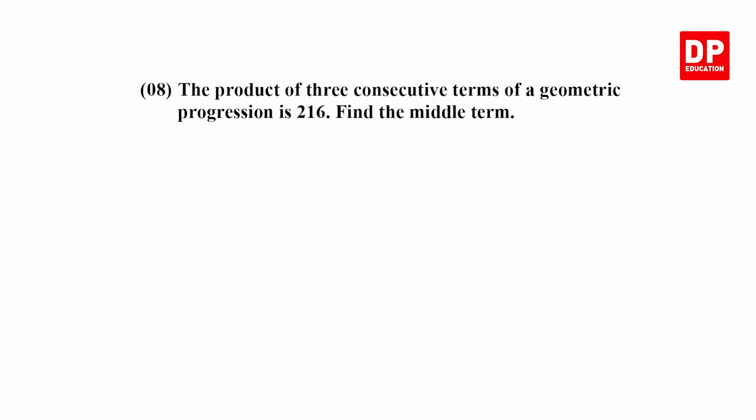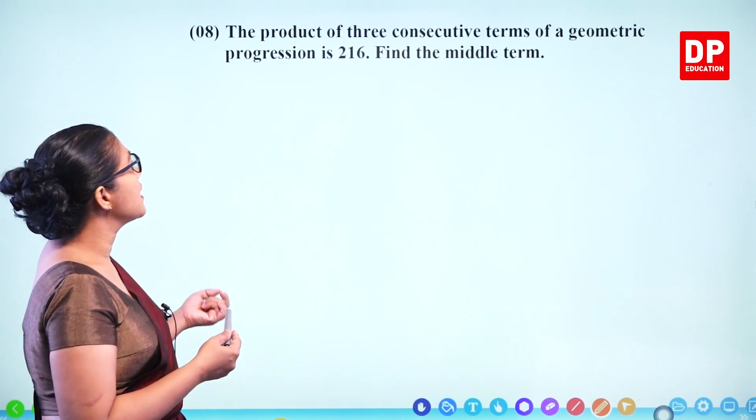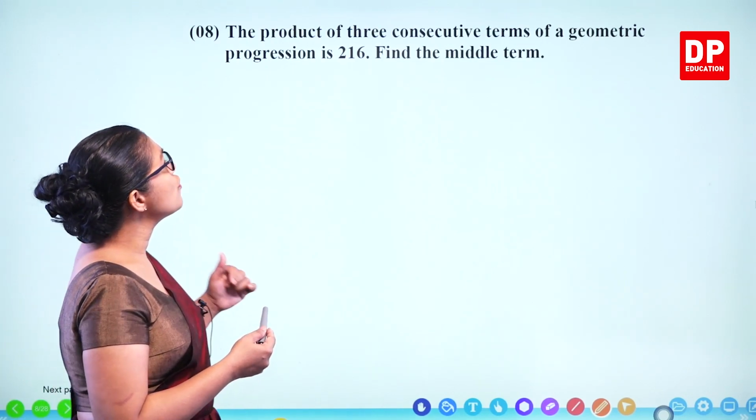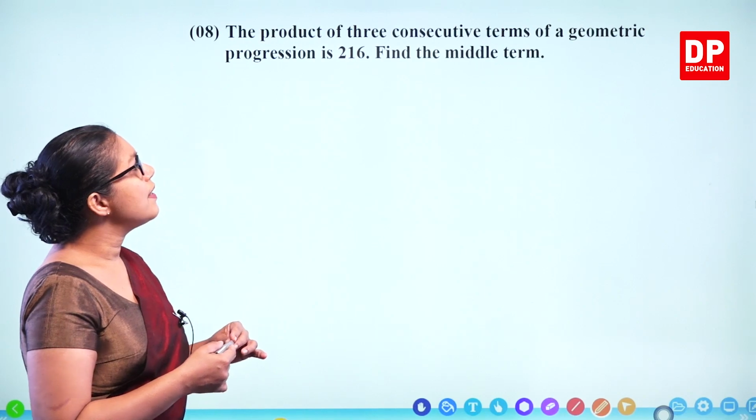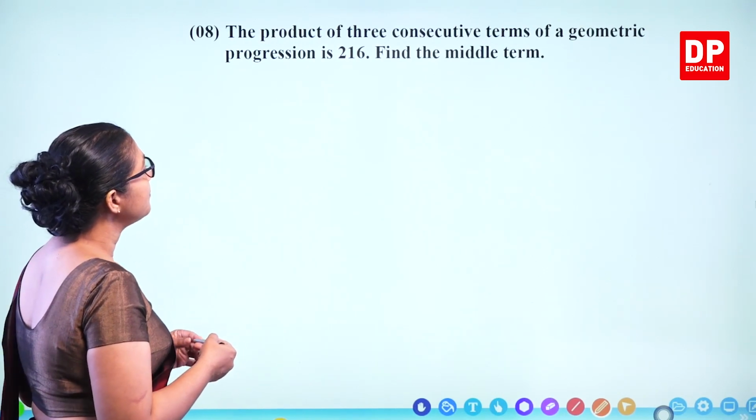Question number 8. The product of 3 consecutive terms of a geometric progression is 216. Find the middle term. Earlier we did arithmetic, now it is geometric progression. So how do you find that?